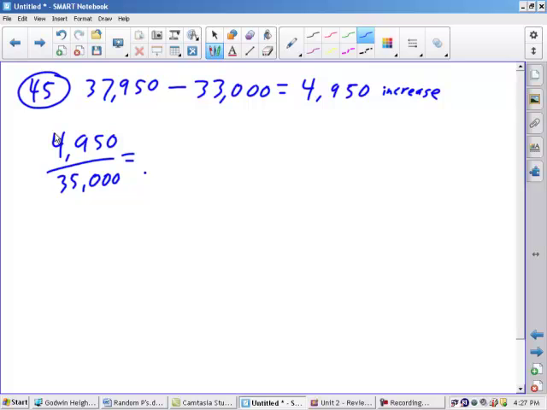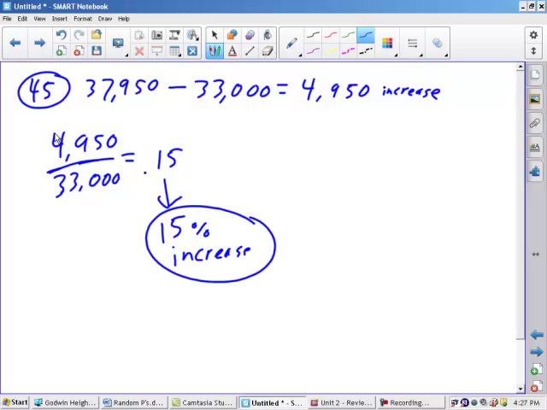Oops, sorry, I got my problems mixed up. Really quick change. This is actually 33,000, I believe, on the bottom. Yes, it is. I wrote down the wrong problem. That's okay. 33,000. And then what I actually end up getting is 0.15. And then if I change that, that gives me 15%. And that's an increase. Very similar, almost identical to 46, which I kind of messed up on.